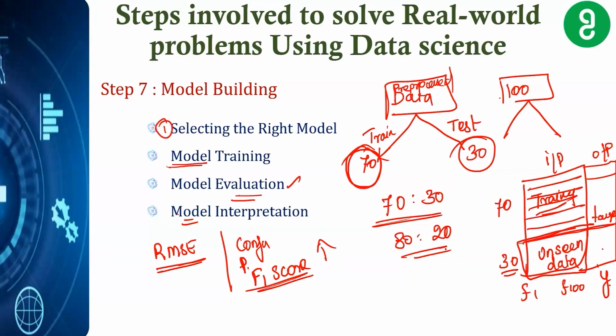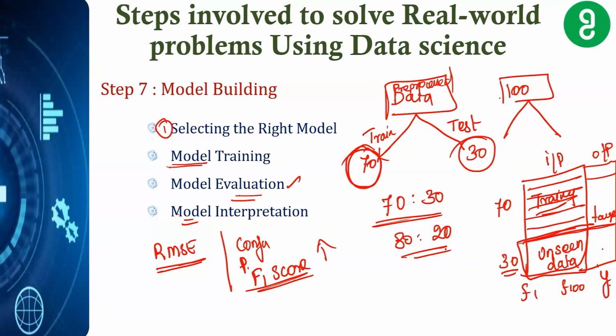Techniques like feature importance analysis, which shows which feature is very important for finding the target variable, come under model interpretation.